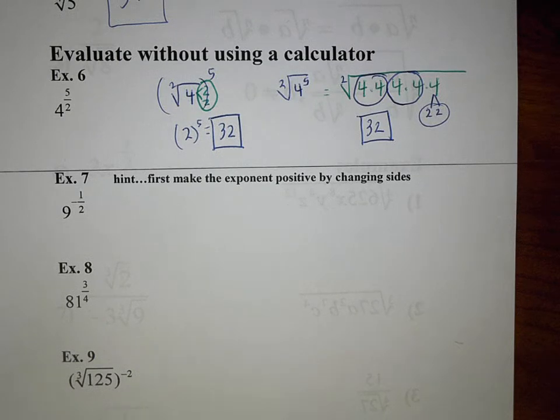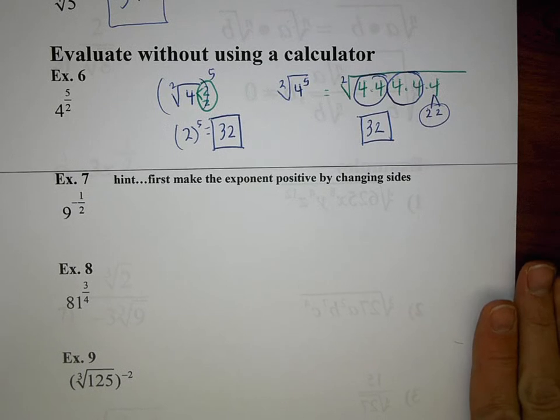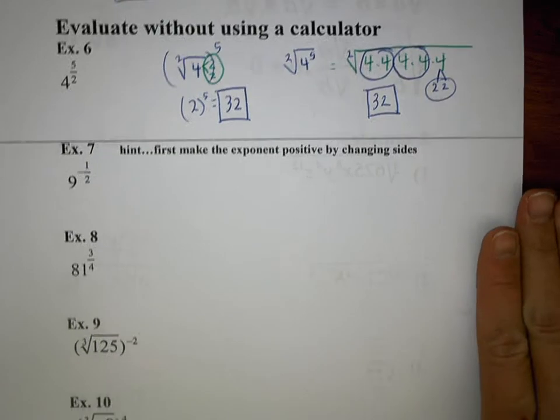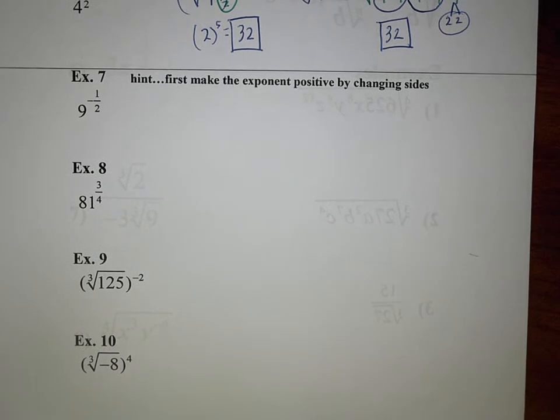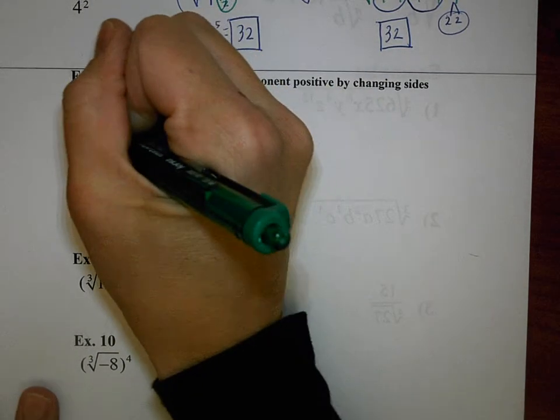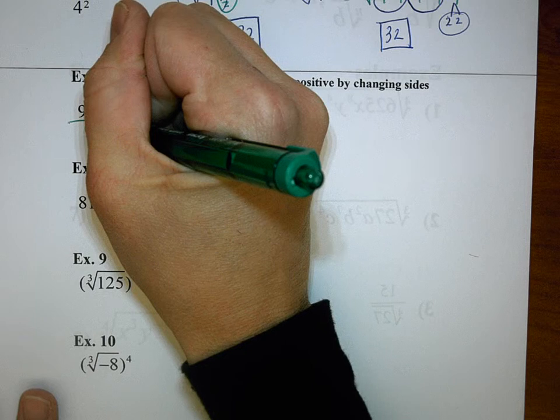Moving on to 7. There is a hint there. It says first make the exponent positive by changing sides. Remember that we can't have negative exponents. So this is really 9 to the negative 1/2 over 1.